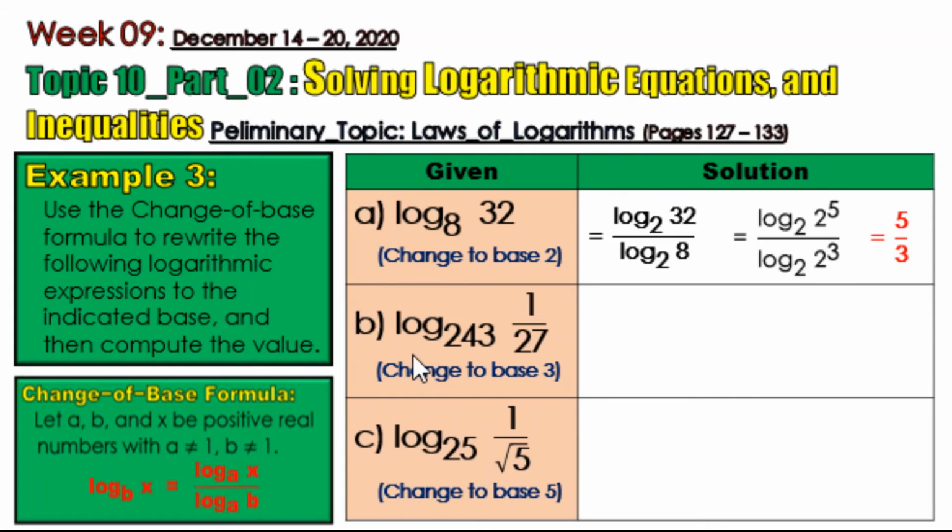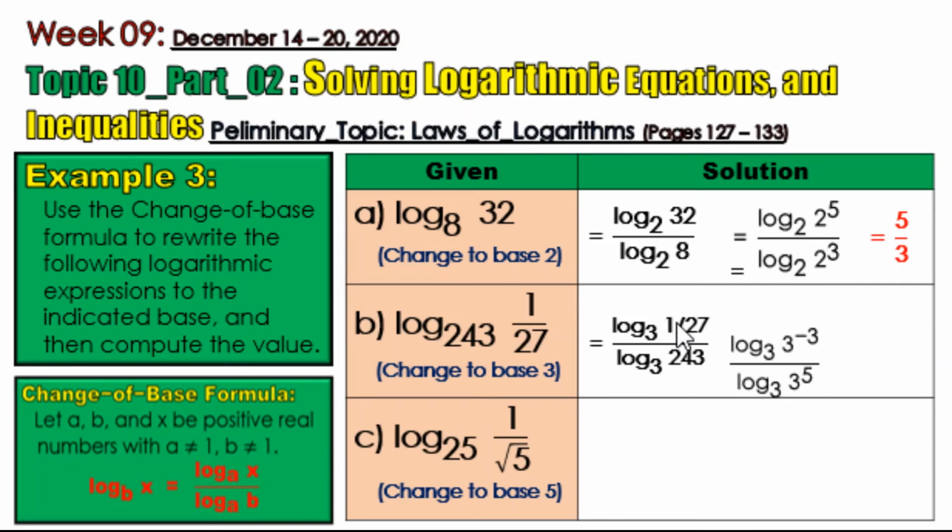Let us proceed to letter B, logarithm of 1 over 27 to the base 243. You are asked to change to base 3. So applying the change of base formula, we have logarithm of 1 over 27 to the base 3 over logarithm of 243 to the base 3. So we will be expressing 1 over 27 and also 243 so that we can have the base 3.